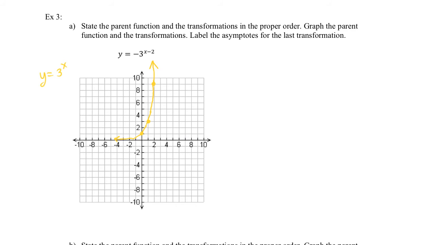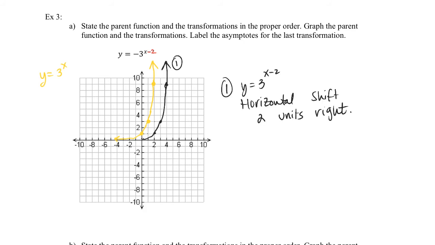Okay, so let's figure out what we're going to do first. Let's deal with this minus 2. That's going to be a horizontal shift to the right 2 units. So input of 1, that's when we'd have a third, and then our y-intercept there would be at 1/9.